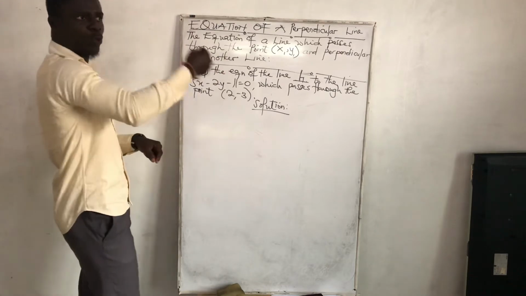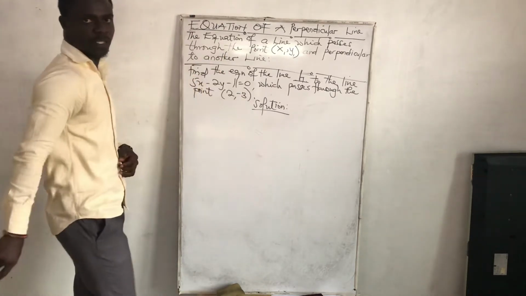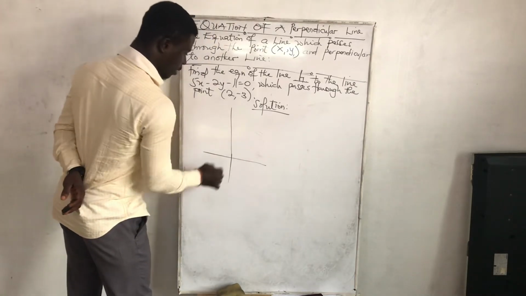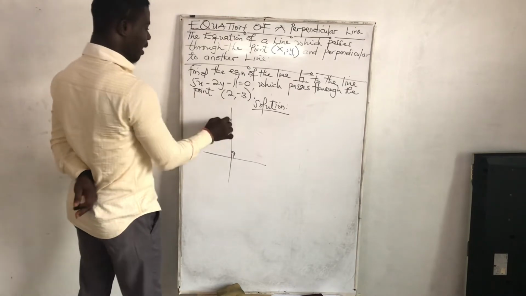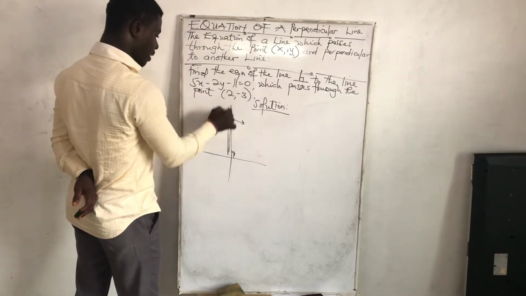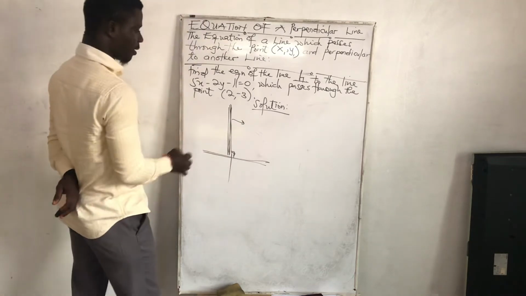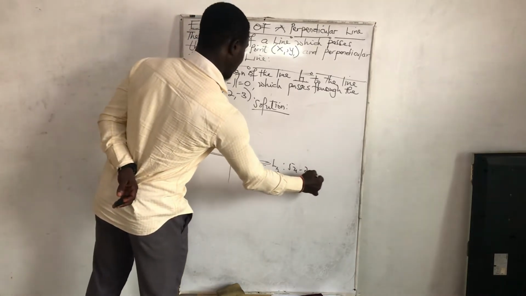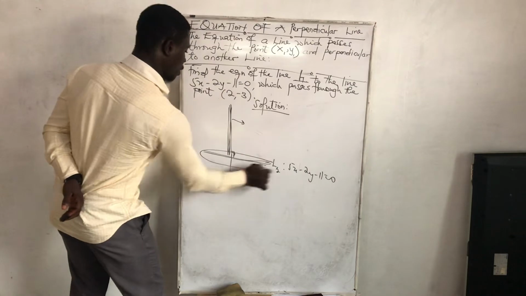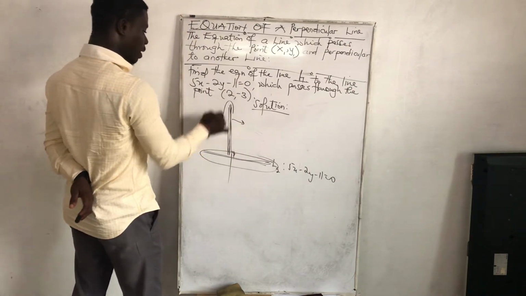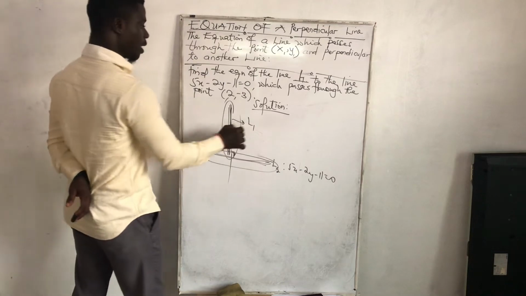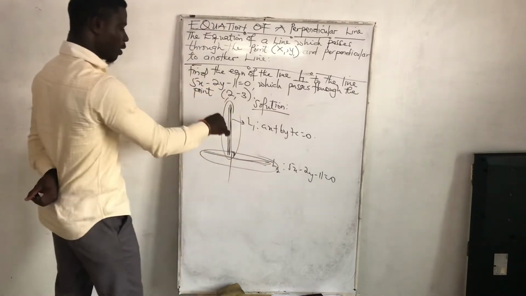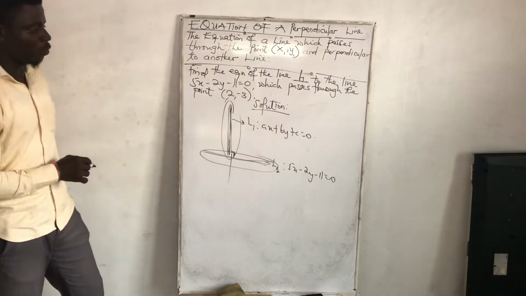So the supposed line we are finding is perpendicular to this line, which is L2: 5x minus 2y minus 11 equals 0. That's the equation of that line. And this one, the supposed line we are finding, let's label it L1, which is ax plus by plus c equals 0. So it is perpendicular to line L2.